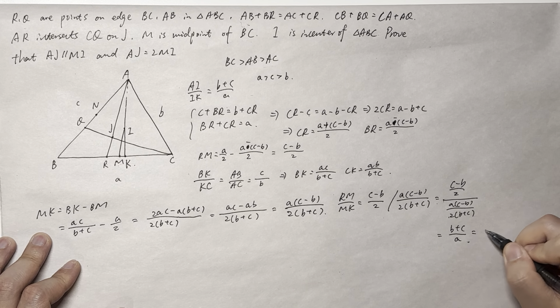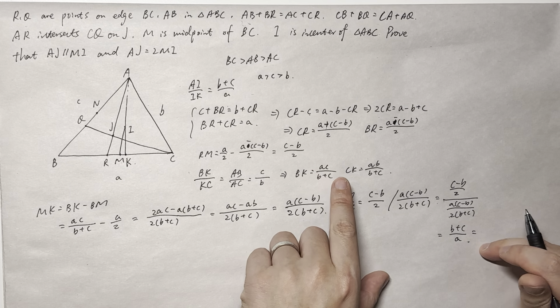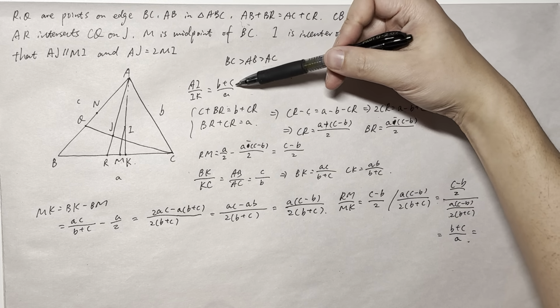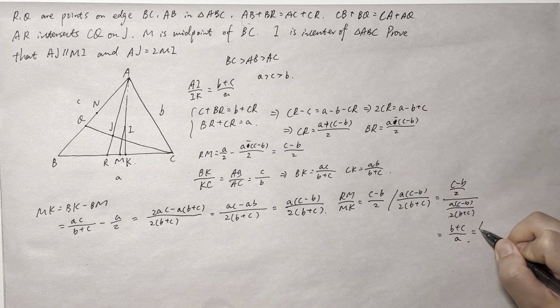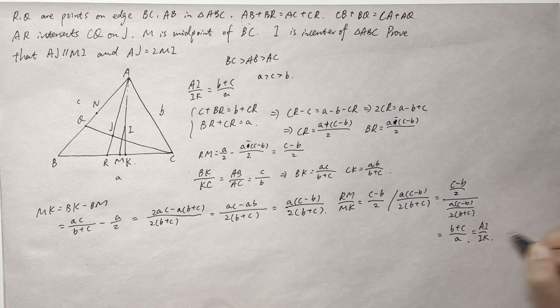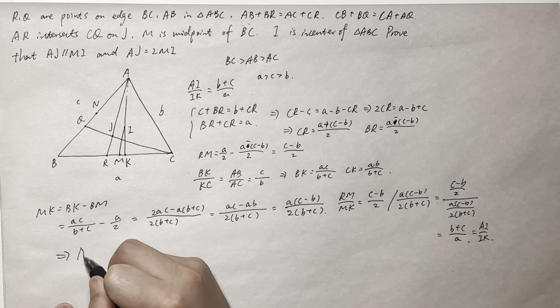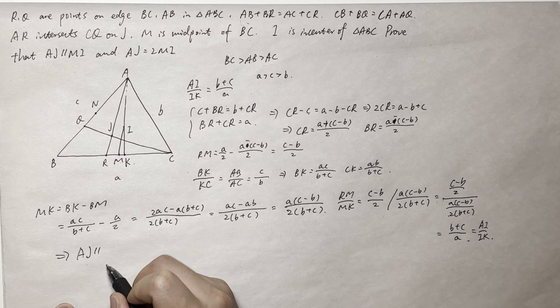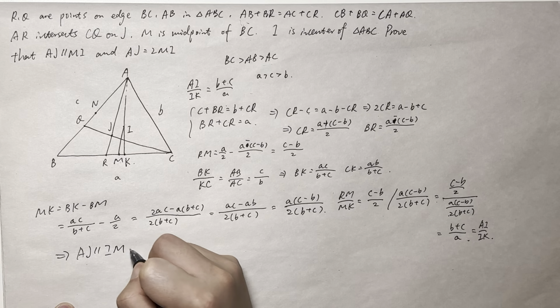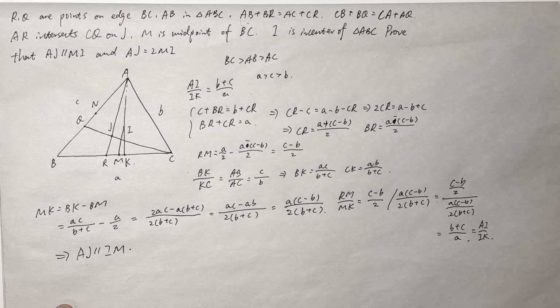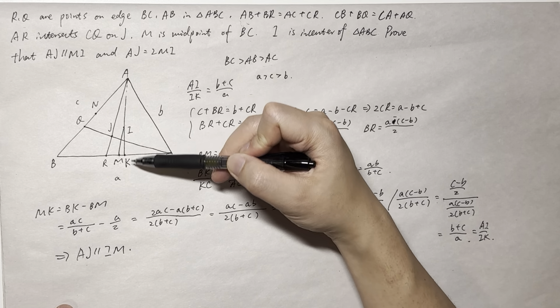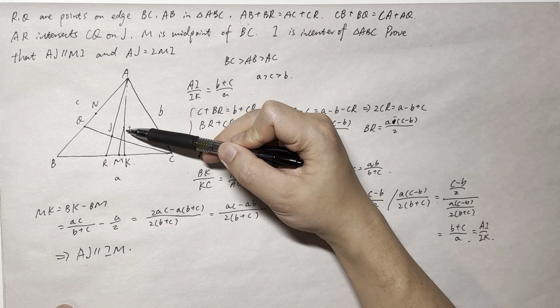And this one equals AI to IK, right? So we got AJ is parallel with IM. Okay, AJ is parallel with IM.